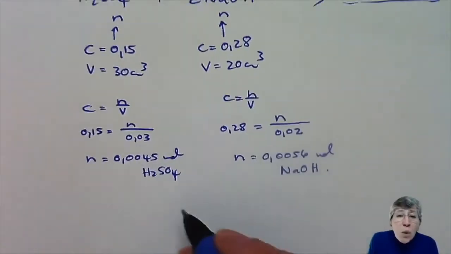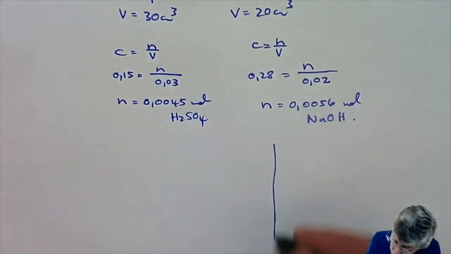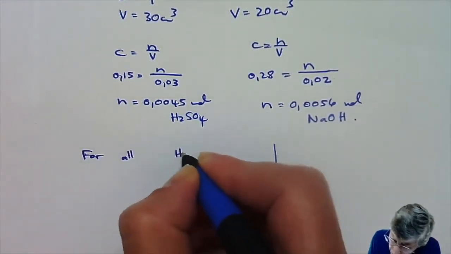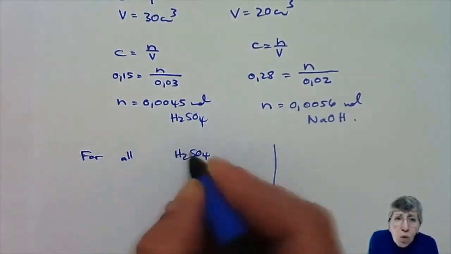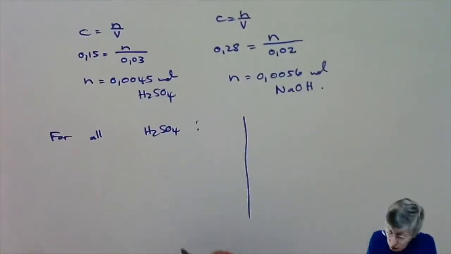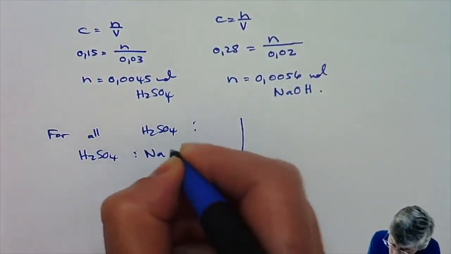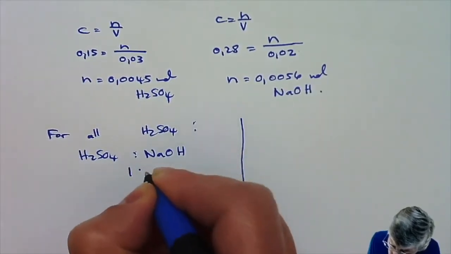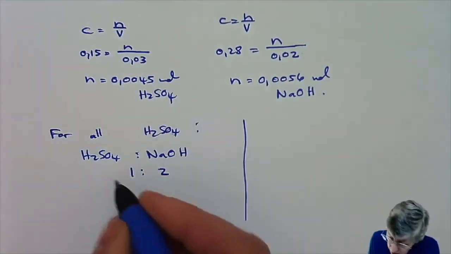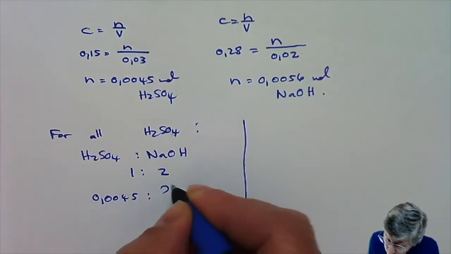And now I want to know which one is in excess. Now I can do it one of two ways. I can say, if all the H2SO4 reacts, H2SO4 and NaOH always react in the ratio 1 to 2, right? So if all my 0,0045 of H2SO4 reacted, how much NaOH do I need?